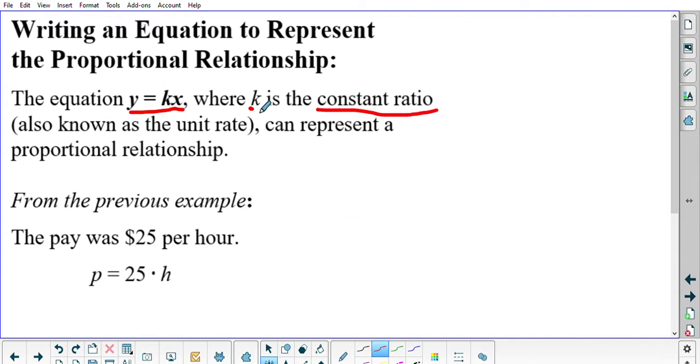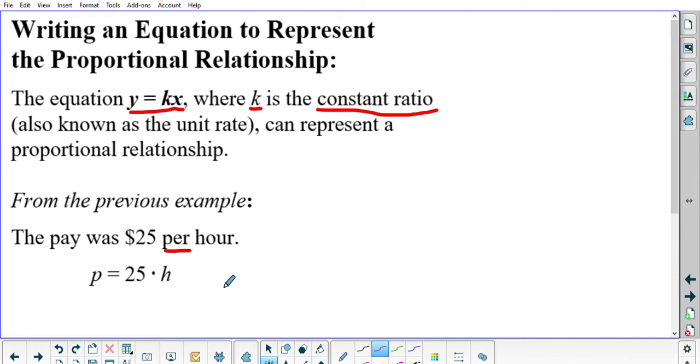It's generically called k here, and that k will be multiplied to another variable. For example, if you look at our previous example, we were talking about how we are being paid $25 per hour. The word per often can mean multiplication.